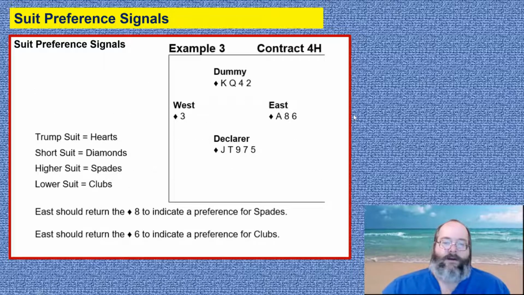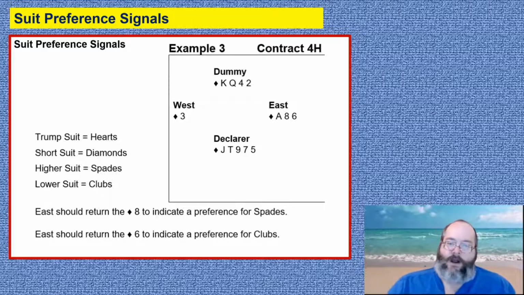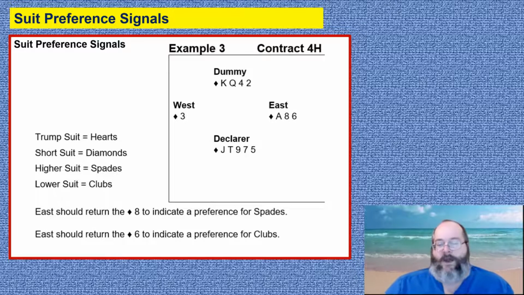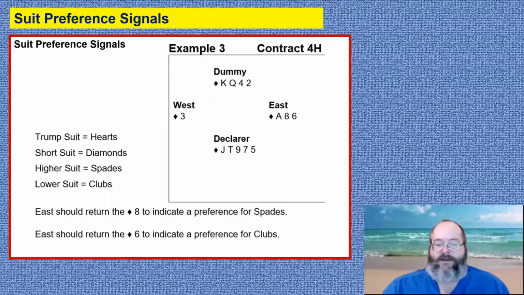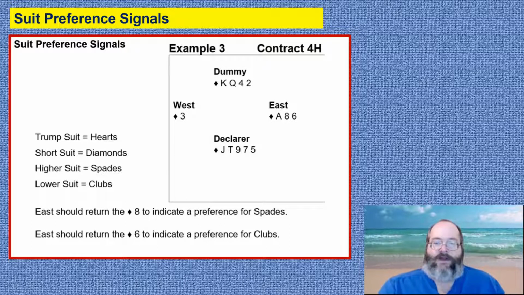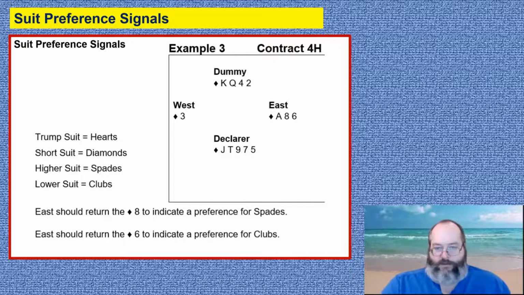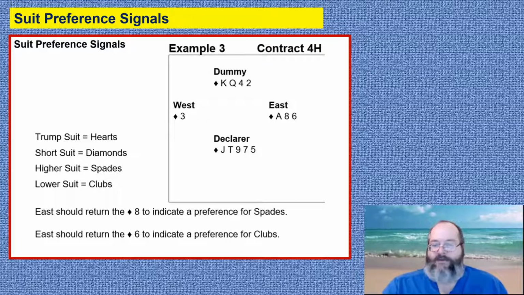All right. So some examples of that. Here our contract is 4 hearts. West is leading the singleton 3 of diamonds, dummy plays low, and East wins his ace, and declarer plays low. So East is thinking to himself, okay, the trump suit is hearts, so I can eliminate that from consideration.